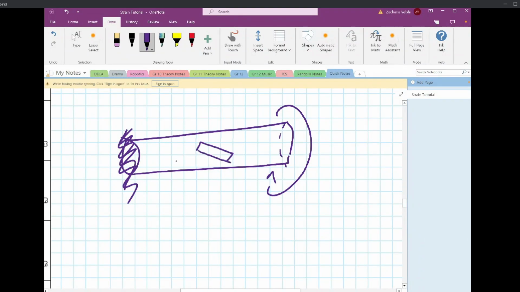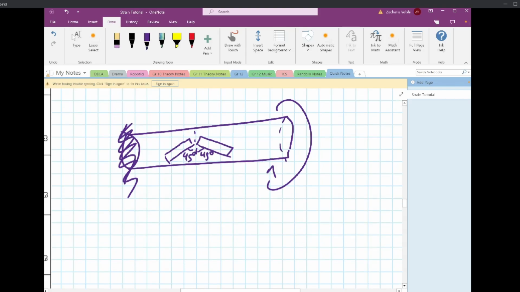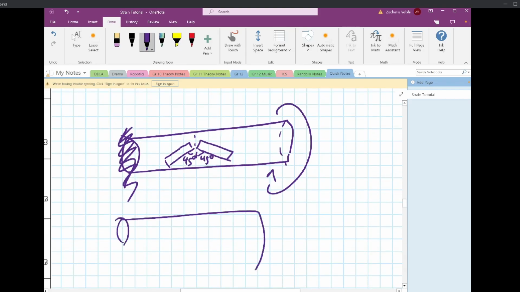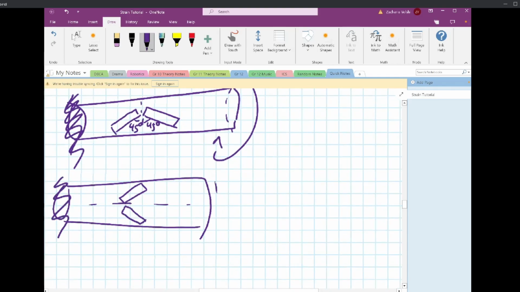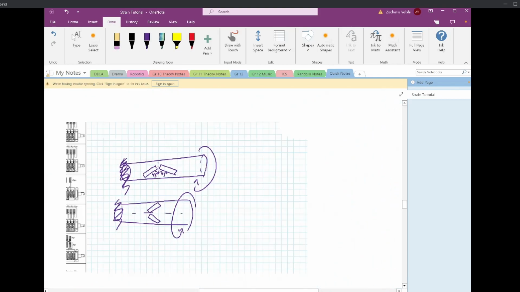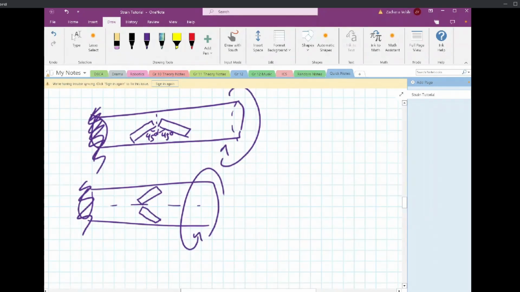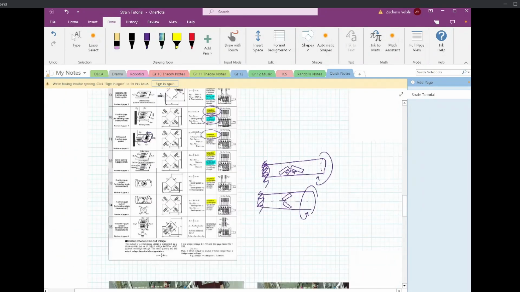And because of that, you place your strain gauges at 45 degrees to the vertical. Let's fix on this side. So that's where these configurations come in.